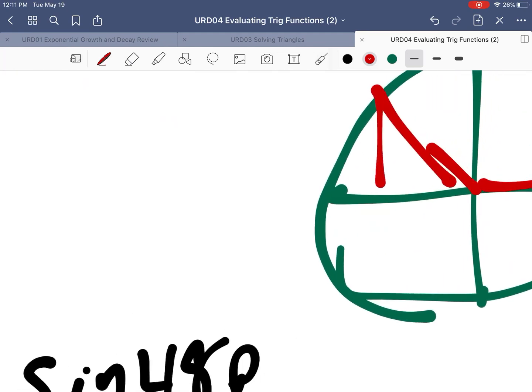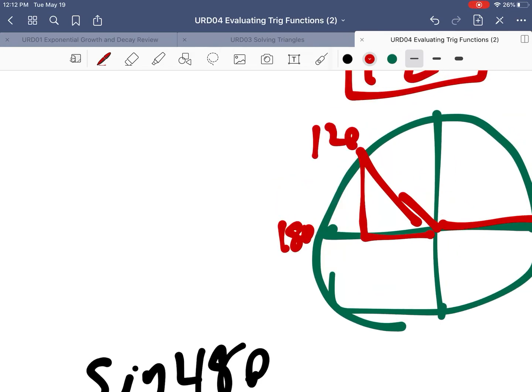So if we were to draw that angle, that would be over here somewhere. The reference angle is going to be formed over here. So this is 180, this is 120, so the angle between them must be 60. So this is 60.